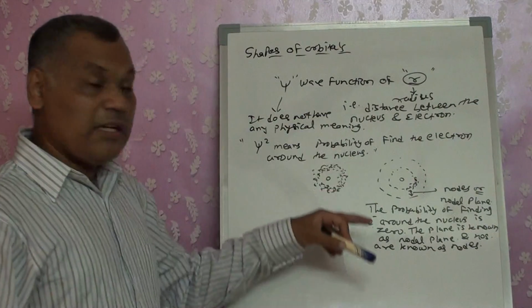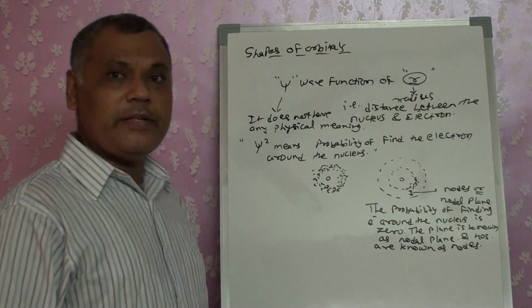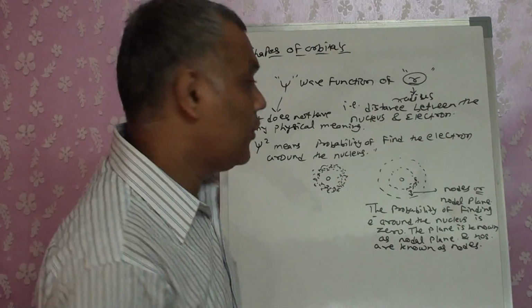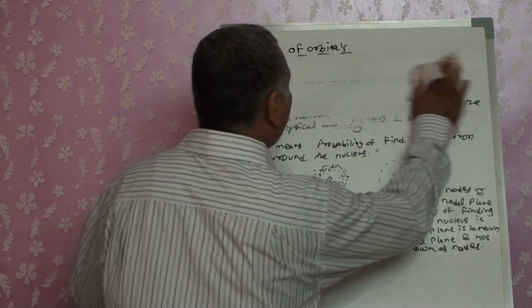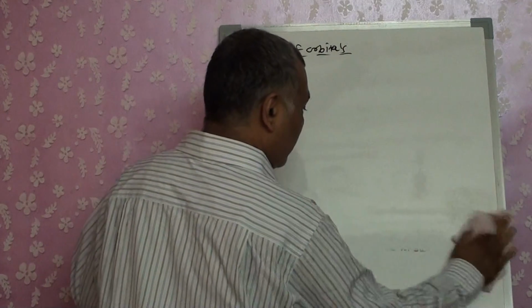So this is the factor. Now again, the nodal planes or the nodes that we are calculating, how can we come to know them? For this, there is another factor or formula that depends upon our quantum numbers.